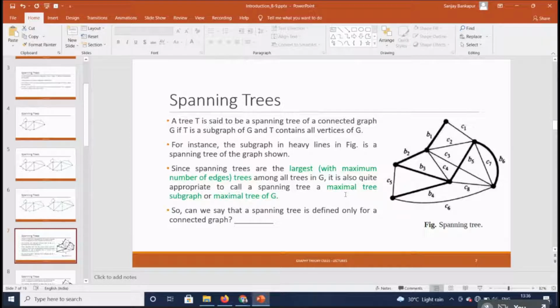Definitely 2 to the power of e possible subgraph combinations can be made, and from those subgraphs, trees can be made again. So many trees can be made from a given graph. The point is, it should cover all the vertices and it should be minimally connected.